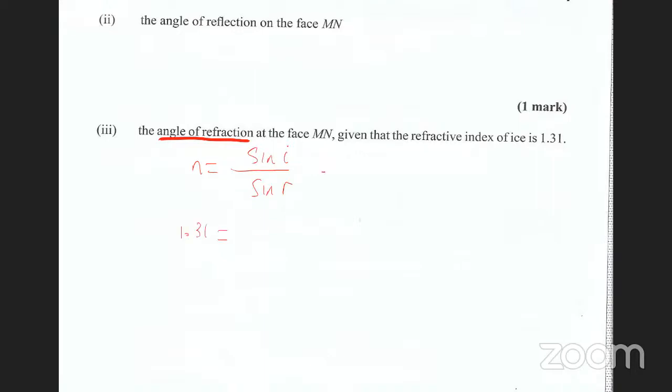So it's 1.31 times. How did you solve this earlier? How do you solve something like this? Right, cross multiply and work it out. So it's 1.31.